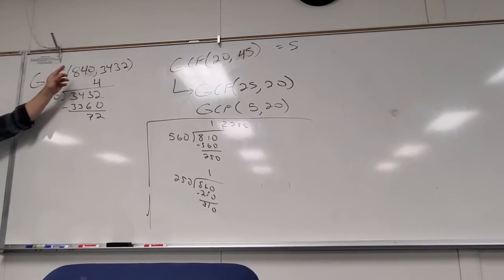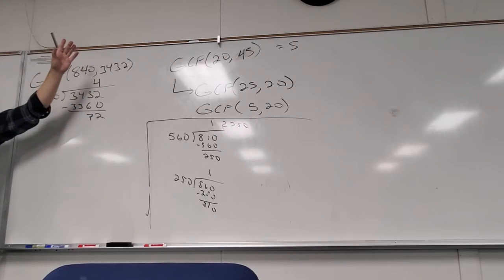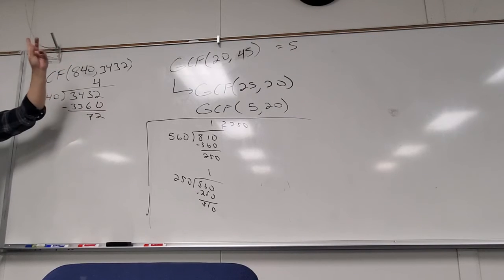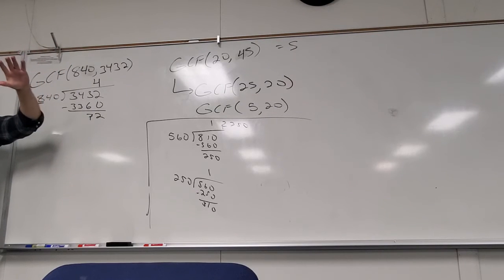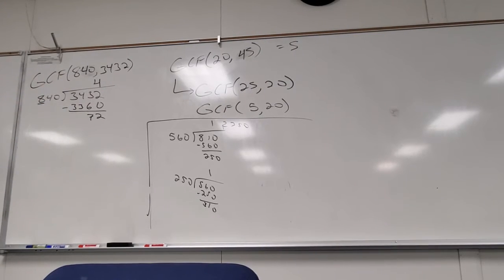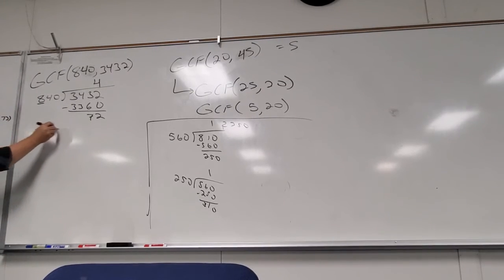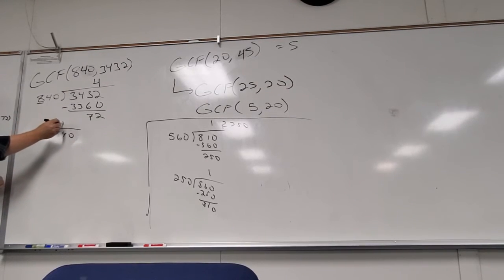So then I would have 840, comma 72. You guys with me? Uh-huh. Really with me? Yes. Okay. So I wouldn't really write this, but I would have 840, comma 72. And then I would just do this again. 72 into 840 goes how many times? 11.